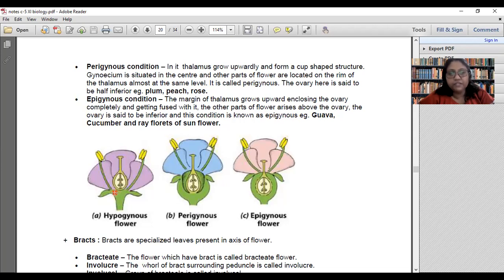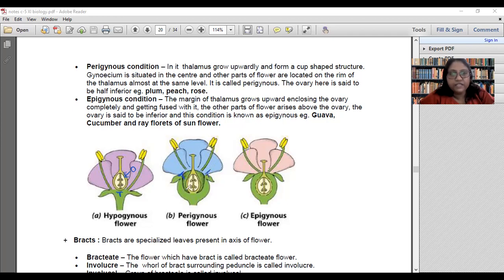In case of hypogynous flower, the thalamus is at the bottom part. This is the thalamus and this part is the ovary. So you can see simply the thalamus part is at the bottom and ovary is situated above that. So if the situation is like this, we call it hypogynous flower. In case of perigynous flower, the thalamus is growing up. You can see this part to this part, it is thalamus.